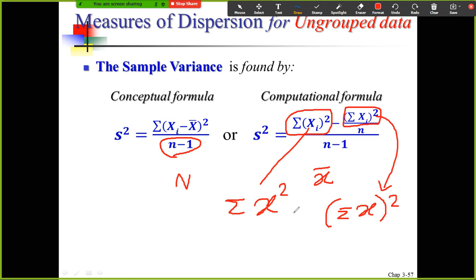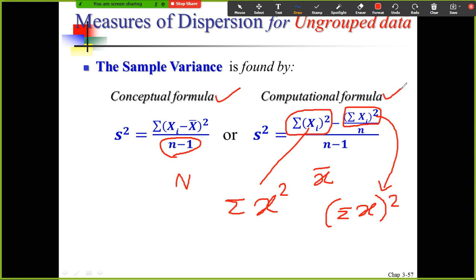Okay, so you must be clear for this formula, but in practice, during a quiz or exam, in order to calculate sample variance, you can use the conceptual formula or the computational formula.